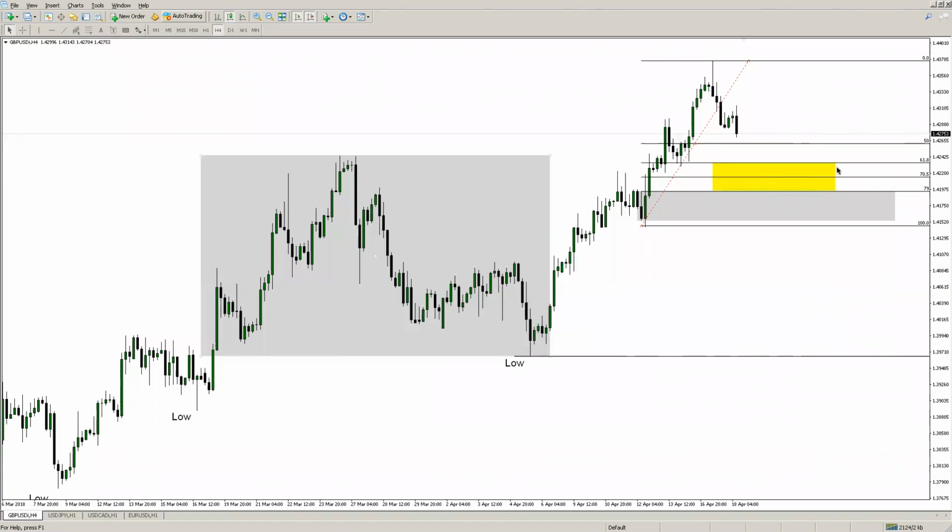So this yellow box is a good buying opportunity for GBP USD. The reason that I say that is because it's within the swing that led to the break in market structure. If we do take it below into these levels, we're taking out these lows in here and these lows.